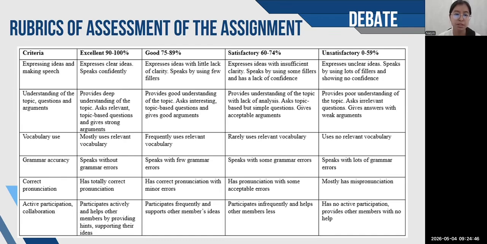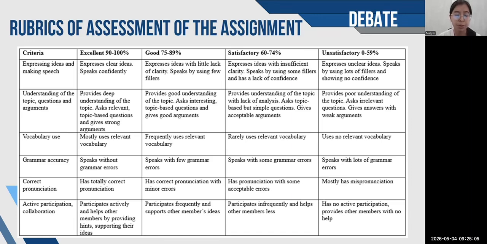Here's the rubrics of our assessment, for our assignment. It is debate. So criteria includes expressing ideas and making speech, understanding of the topic, questions and arguments, vocabulary use, grammar accuracy, correct pronunciation, active participation, and the collaboration.